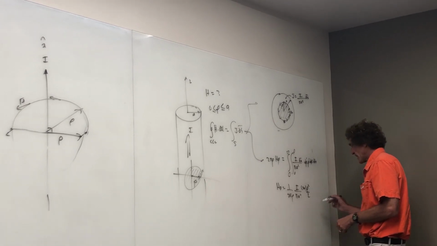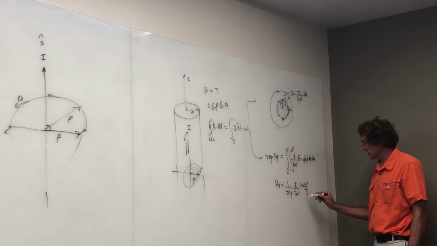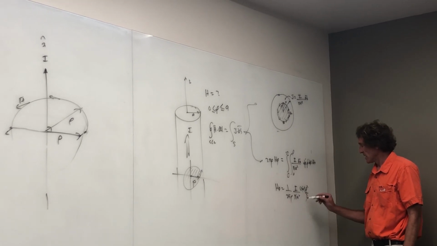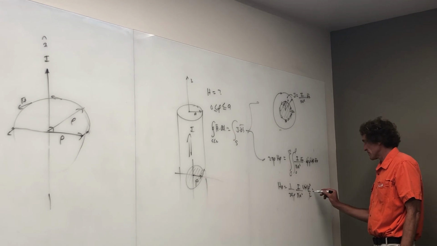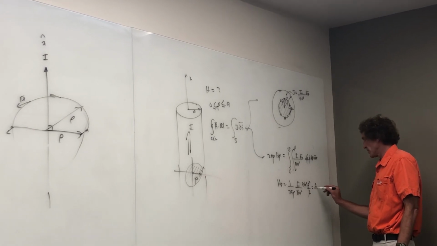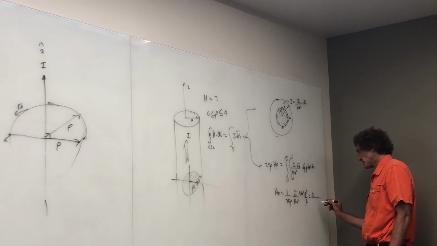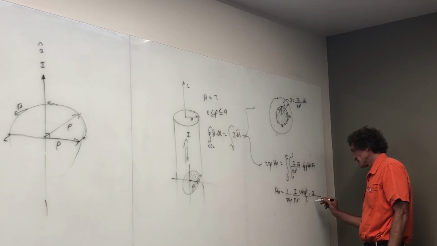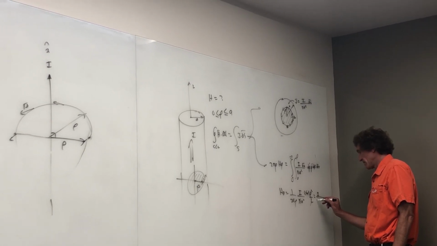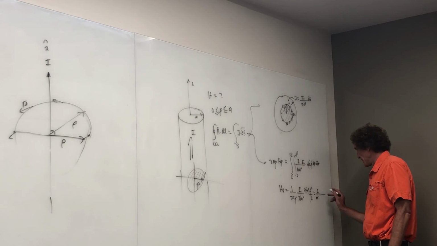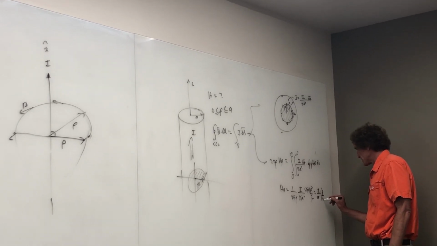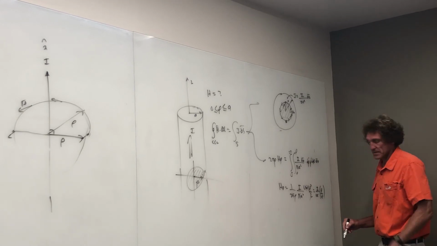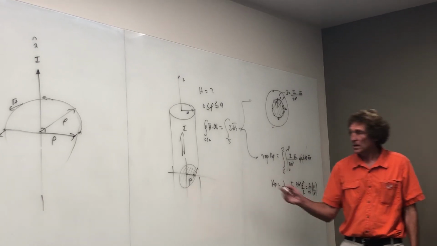You can do the cancellations yourself: 2 here, pi here. I have rho squared over a squared. And it comes down to really H is equal to I over 2 pi, and then rho over a squared. But that's H inside here.